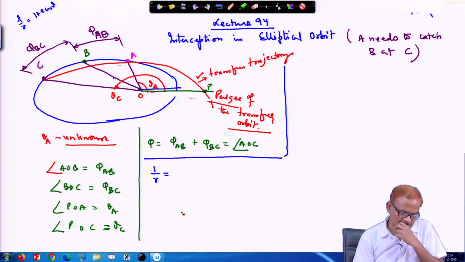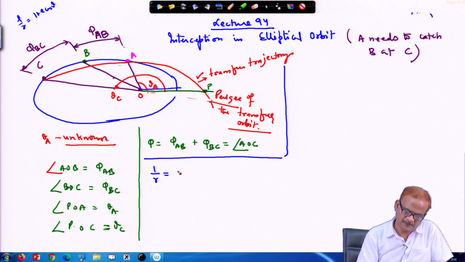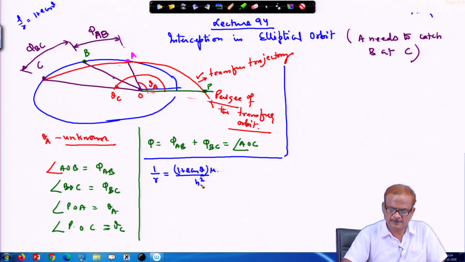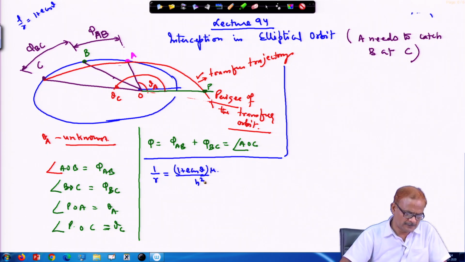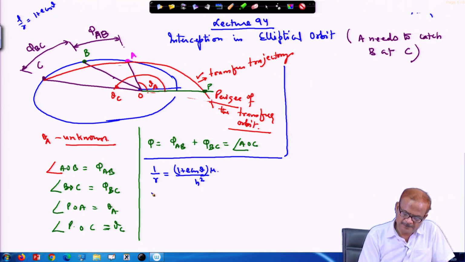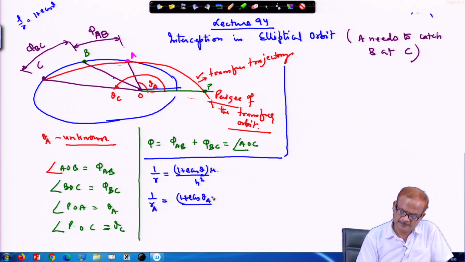So, 1 by r we write as 1 plus e cos theta divided by L, and L can be written as h square by mu, so mu goes to the numerator. Following this equation, we can write 1 by R A equal to 1 plus e cos theta A times mu by h square.